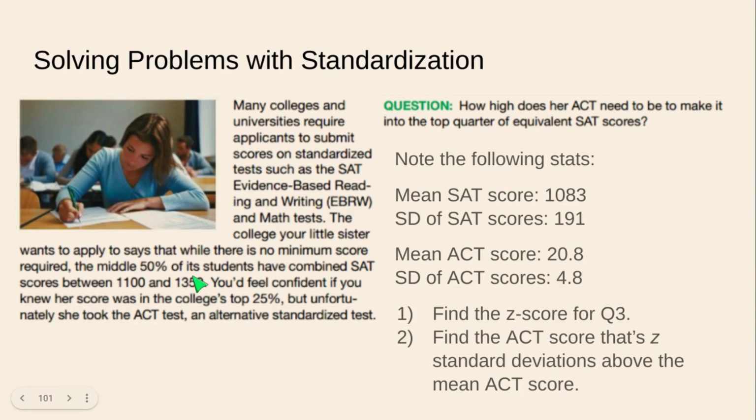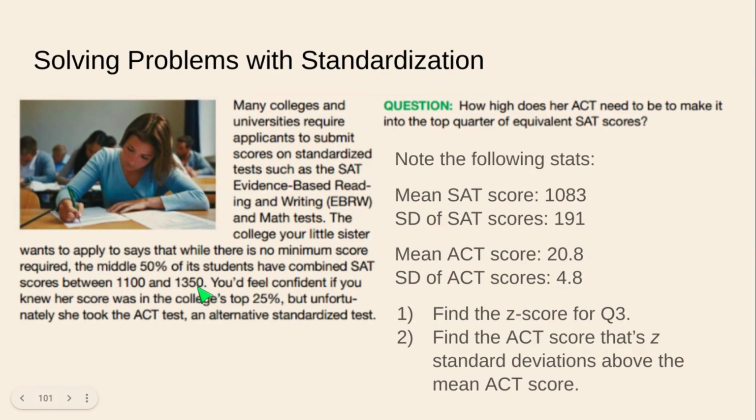This is going to mark Q3, the upper end of the middle 50%. That would be the cutoff for the top 25%. You got 50% in the middle, 25% up top, 25% in the bottom, all right? So this is the cutoff for the top 25%. What is the equivalent ACT score for 1350, okay?